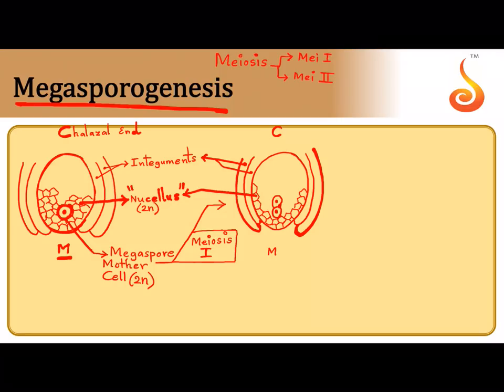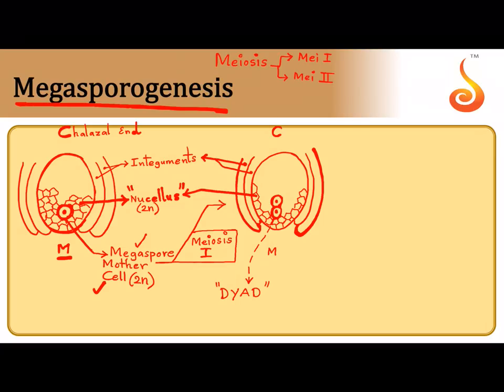So these two cells which are sitting here inside the nucellus now, because of the meiosis 1 of the megaspore mother cell, we just call them a dyad. Dyad means what? A group of two. And how did they come? They came from the meiosis 1 of whom? Meiosis 1 of the megaspore mother cell.